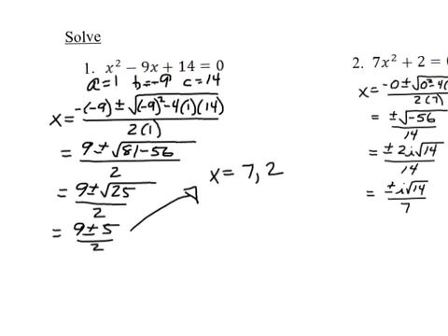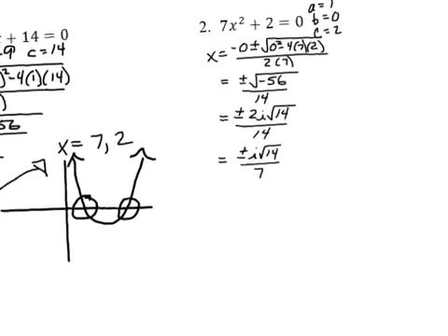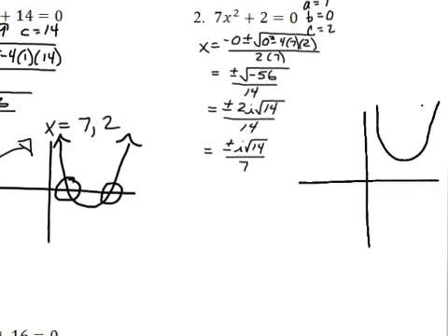Number 1 would be an example where you'd have a graph that, as a rough estimate, looks something like this, where here's 2 and here's 7. And this one over here would be an example of a parabola that does not cross the x-axis at all.